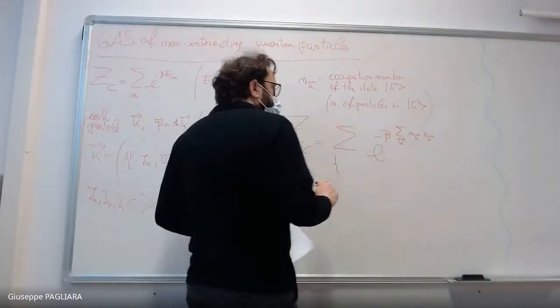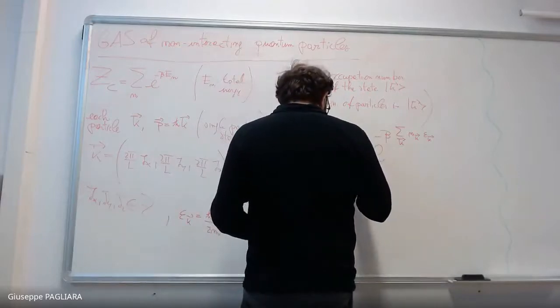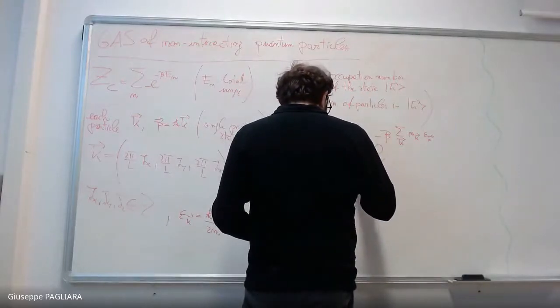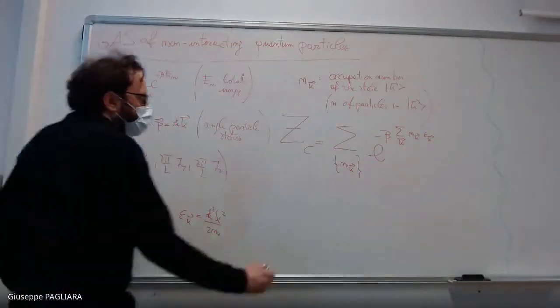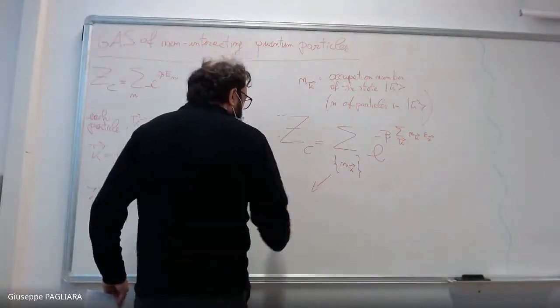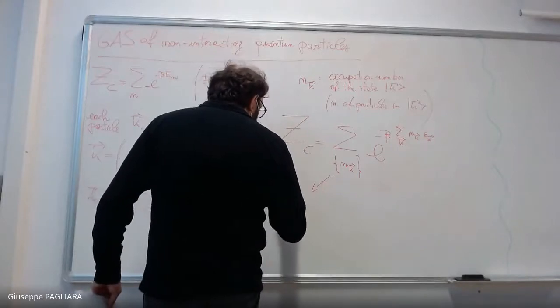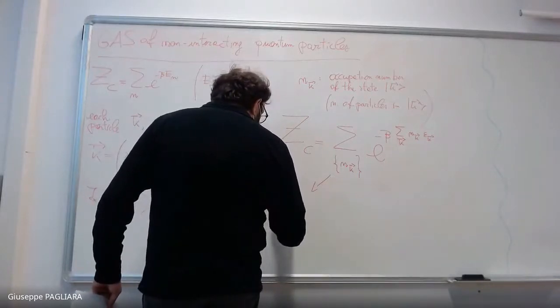Now, what is the sum running on? Here, the sum is running over {n_k}, and I consider the symbol to be a set of possible occupation numbers.